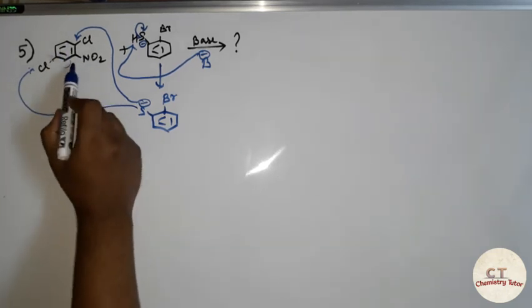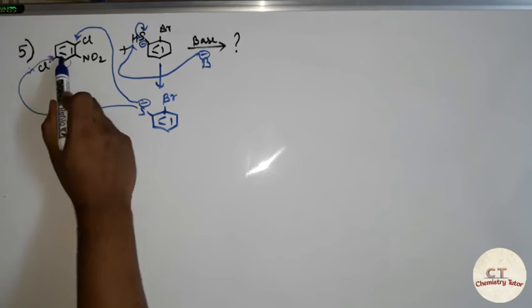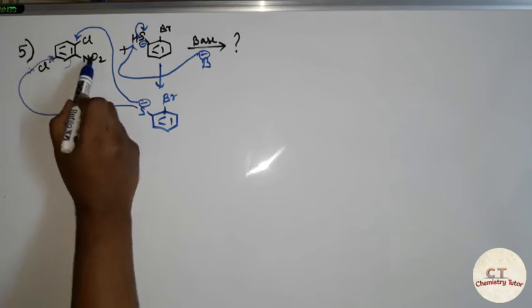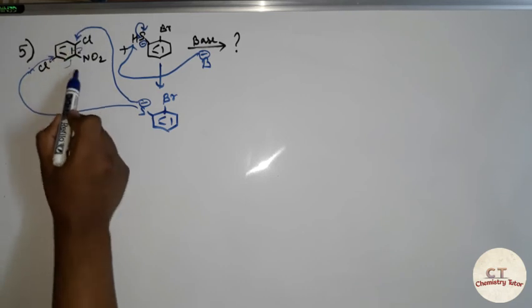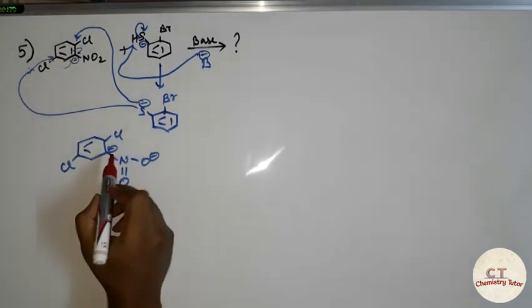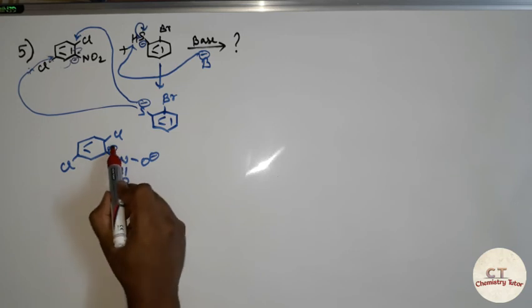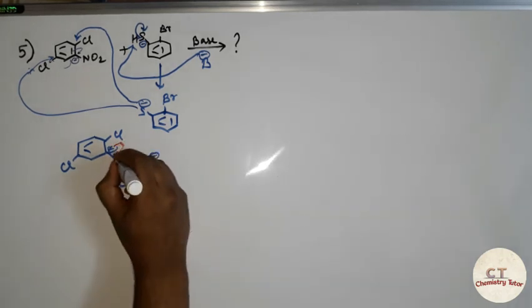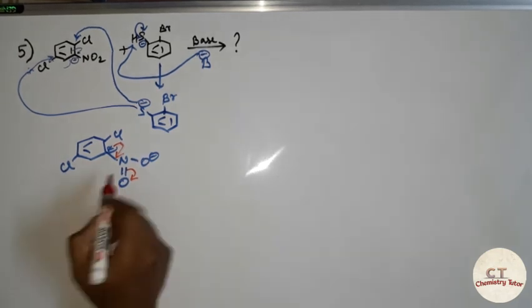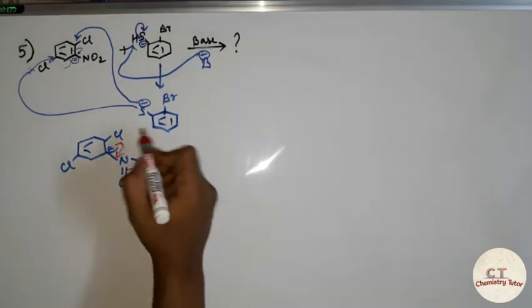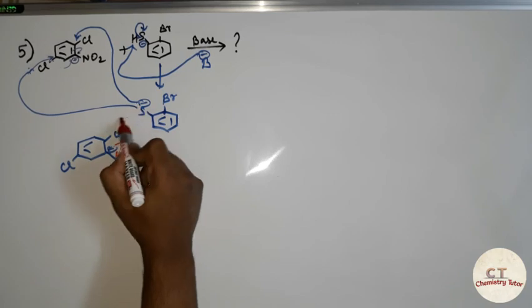If it attacks from this side, then this pi bond will get here and a negative charge will be generated here. Then this negative charge can be further stabilized as this will come here, and further the negative charge will be on this oxygen atom. So further stabilization of this negative charge will be there if it attacks from this side.